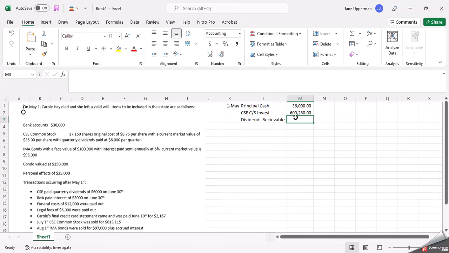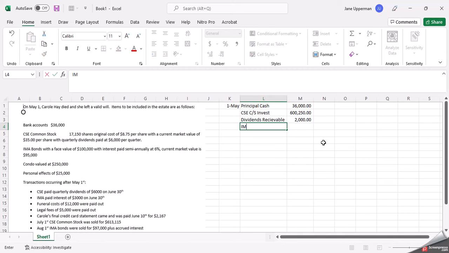Again, it's $6,000 per quarter, so that would be $2,000 per month. At the date of death, she would have already accrued that $2,000. So we'll put that in there.